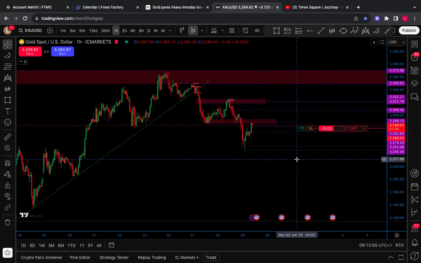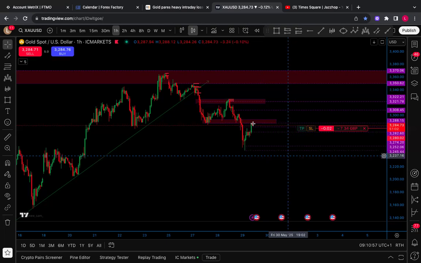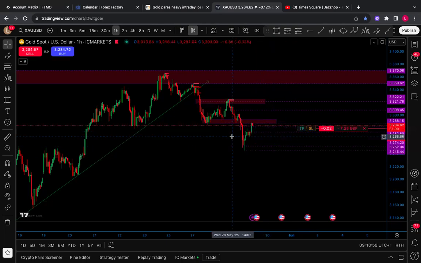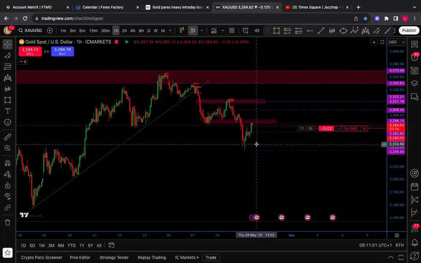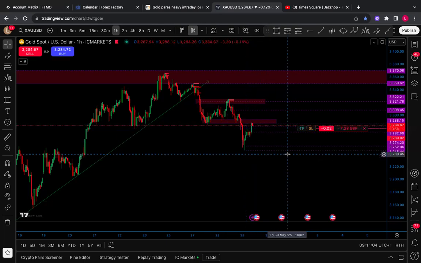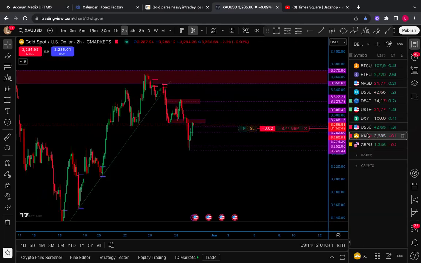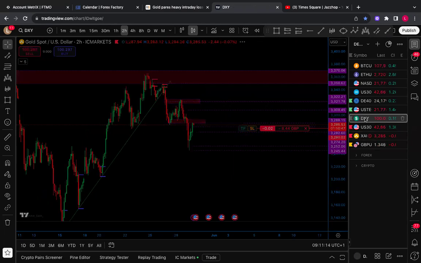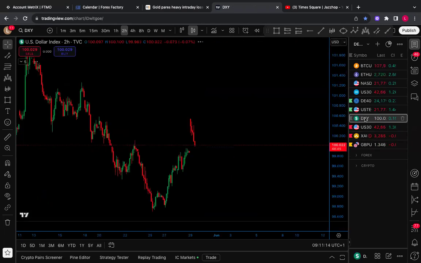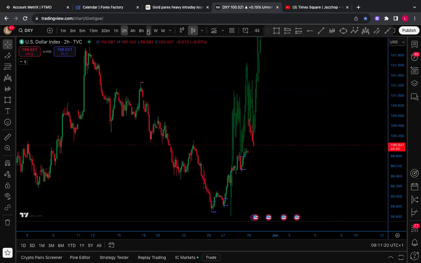So that's the couple of scenarios that could happen for today, fundamentally and technically. Also, I sent out the DXY yesterday, which was looking potentially bullish.